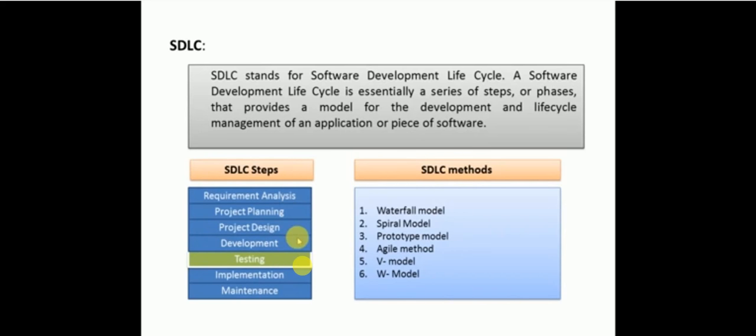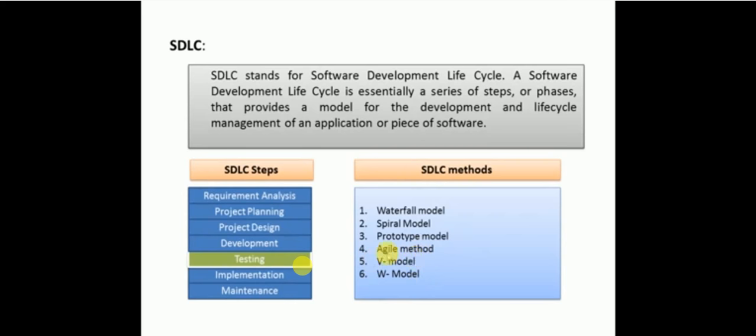So this is a limitation of the waterfall model, but actually it's the very first model of SDLC. Till today, there are many companies that use the waterfall model. And then there are the spiral model, prototype model, agile model, V model, W model. Many companies work especially on the V model, the W model or the agile model, and we'll explain all of this.